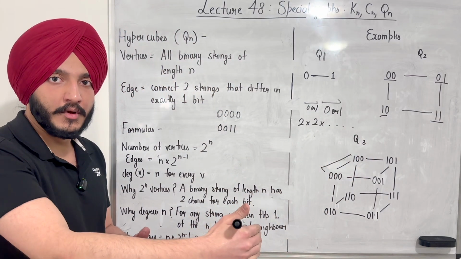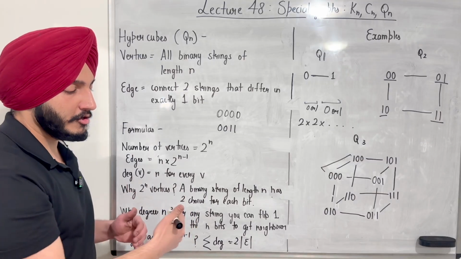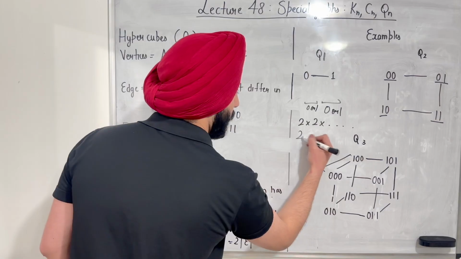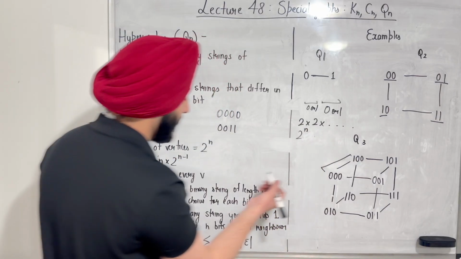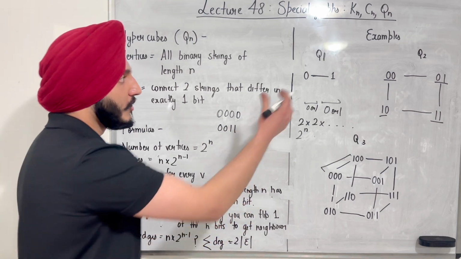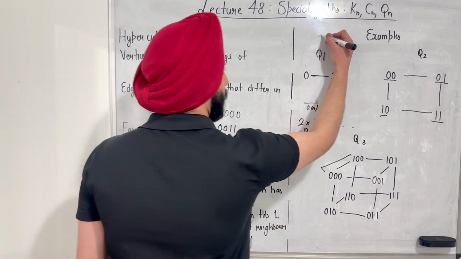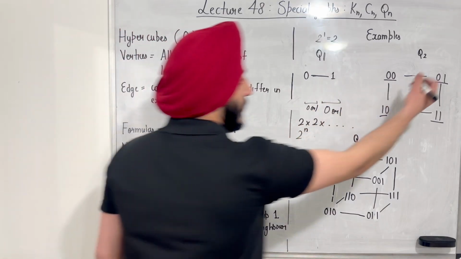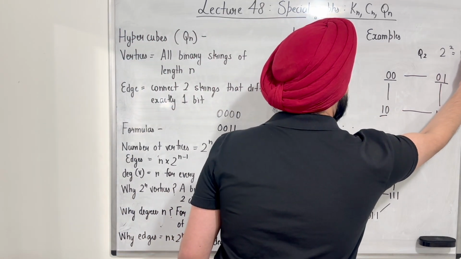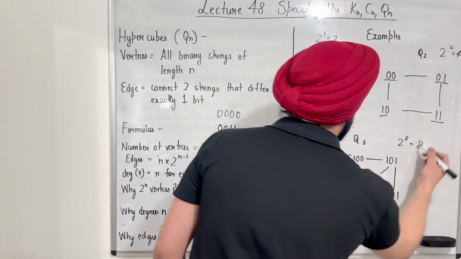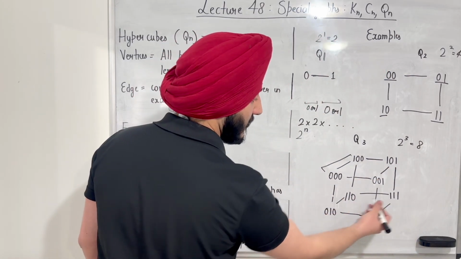Whatever the n value is, each position can hold 0 or 1, and that's why you have 2 to the power of n available options, which is 2^n vertices. You can verify this: 2 to the power of 1 is 2, so Q1 has 2 vertices. Q2 has 2 to the power of 2, which is 4. Q3 has 2 to the power of 3, which is 8: 1, 2, 3, 4, 5, 6, 7, 8.